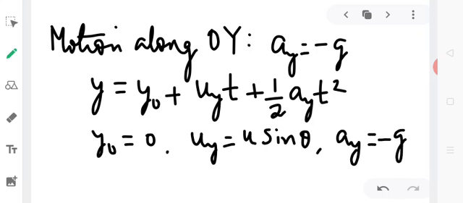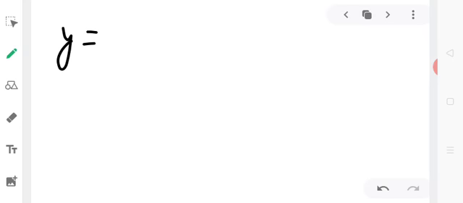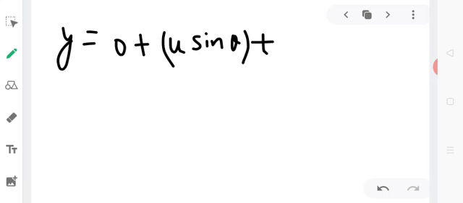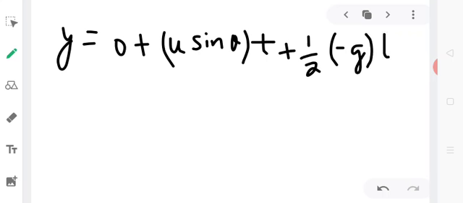Again we shall be substituting these values in the above equation. So we will get y equal to 0 plus u sin of theta into t plus half into minus of g into t square.